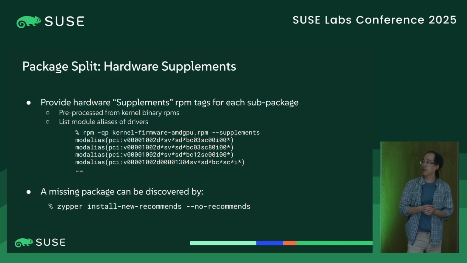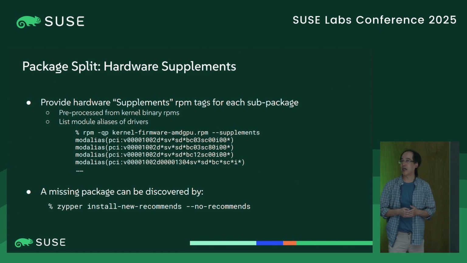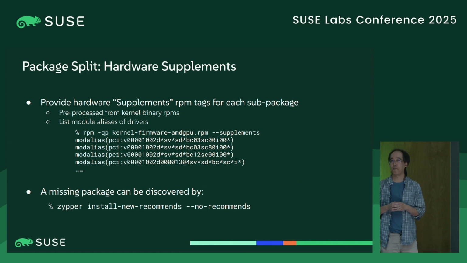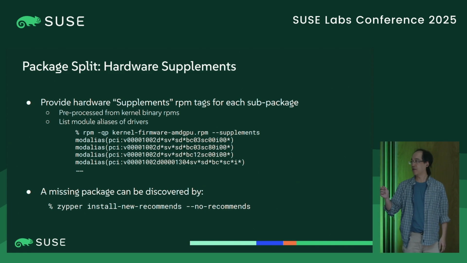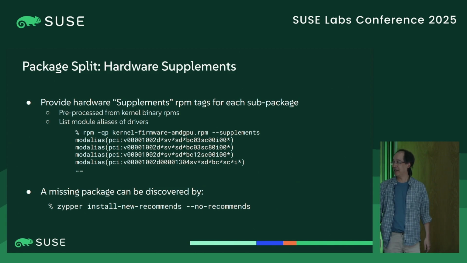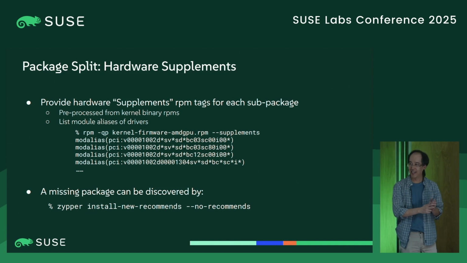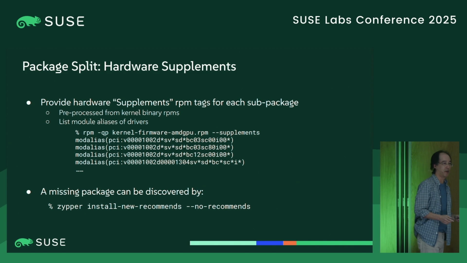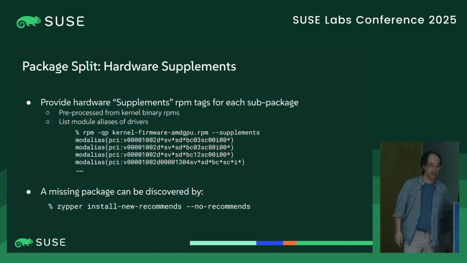And by adding that information, you can install any missing kernel-firmware sub-package just by zypper install-new-recommends --no-recommends. I know it sounds strange, but it means that you install only the hardware supplements without the recommends tag. Otherwise, it will install the recommended packages, and there will be too much.